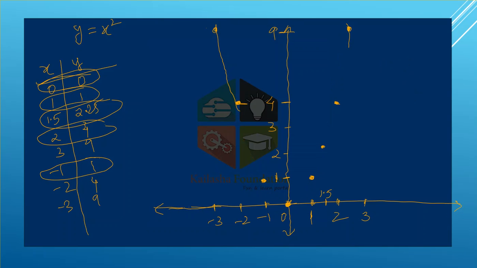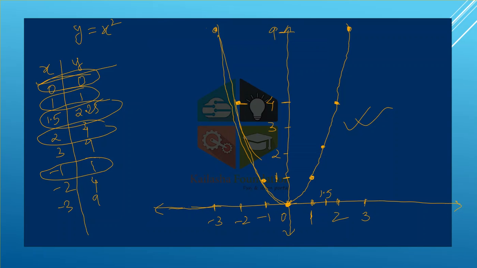Okay, so when we join these points with a smooth freehand curve, we get what is called the graph of the function y is equal to x square. Y is equal to x square, this is the graph of that function.